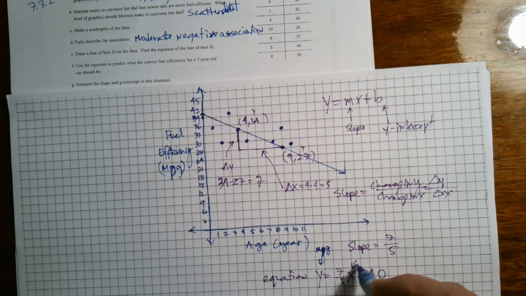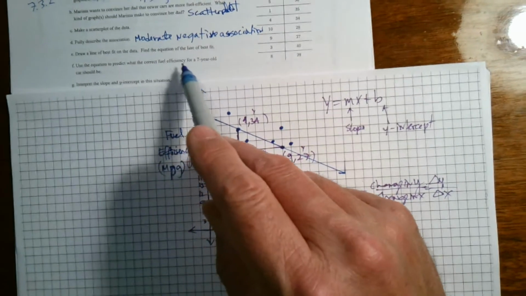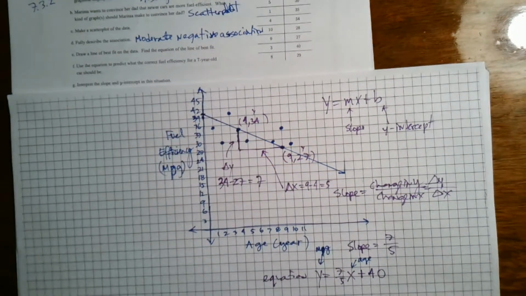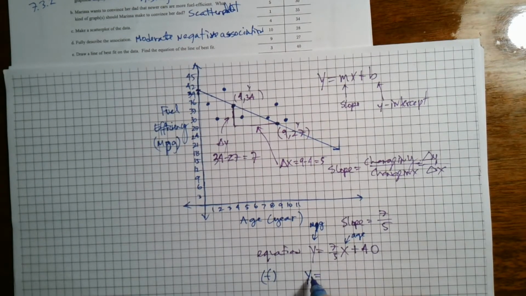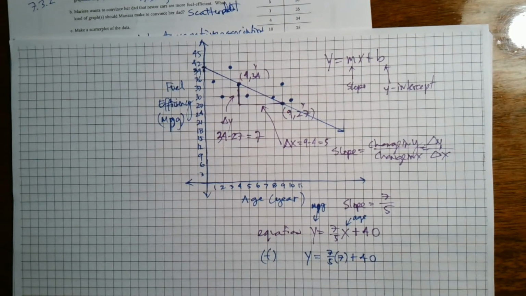The X represents the age of the car, right? So I need to do what? I need to find out what is the fuel efficiency. So what is the miles per gallon for a 7-year car? So for F, I'm going to say, what is Y? What is my fuel efficiency when I have a 7-year car? So I plug 7 into the X and do the math there, right?